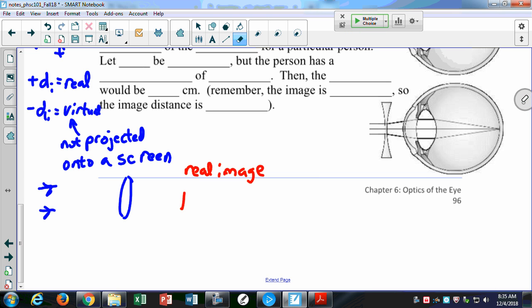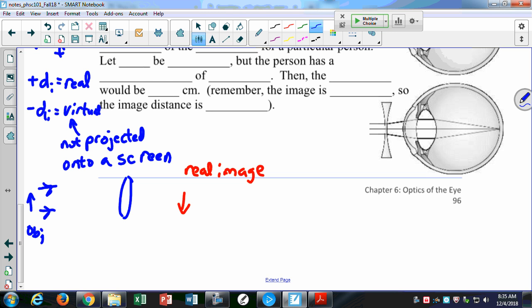I have some object that's over here. My real image is on the opposite side of that. So if I were to take a screen and put it right here, then I would be able to see that image on the screen. And it would be upside down.